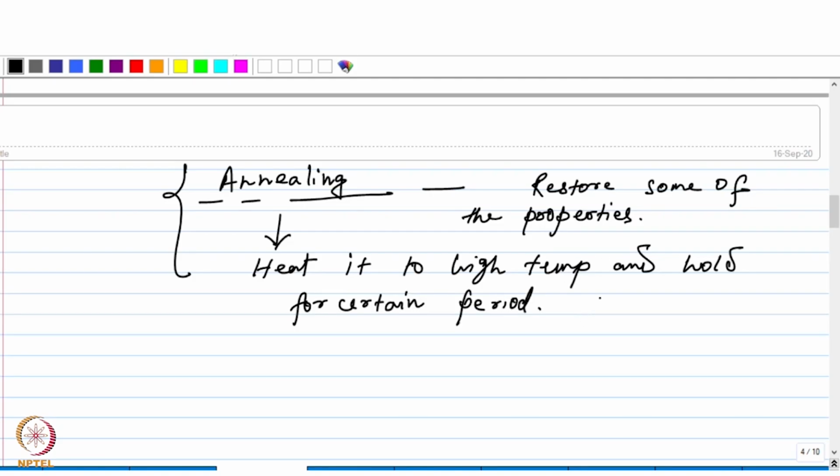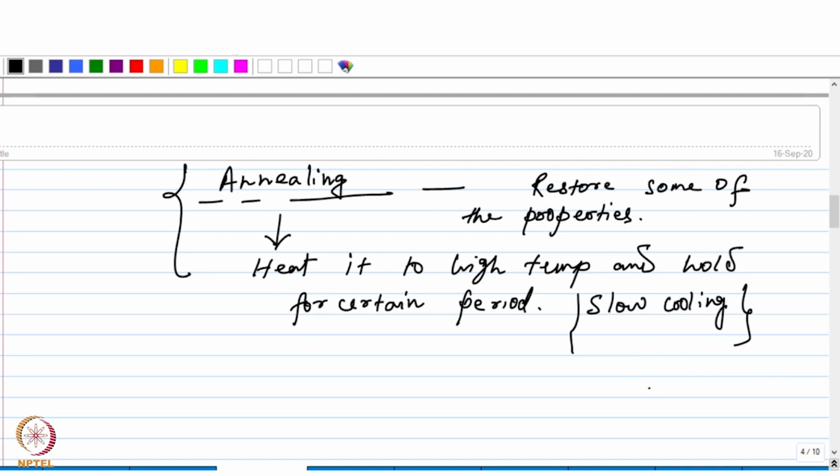And this will be followed by slow cooling. This is critical, because if you do not cool it slowly, then the kind of microstructure or the properties that you are expecting may not be obtained.